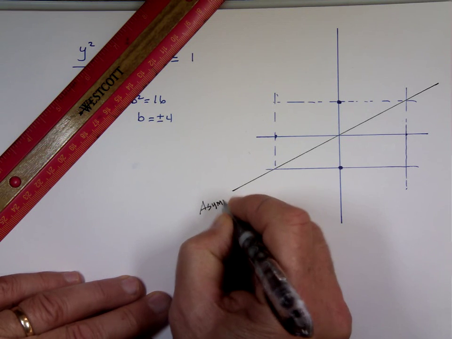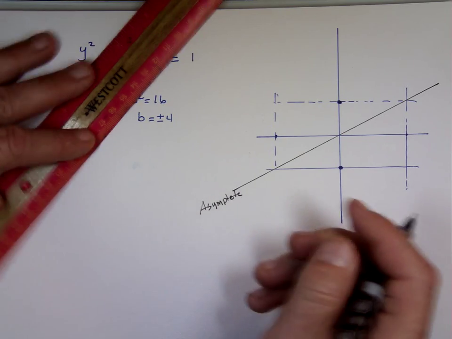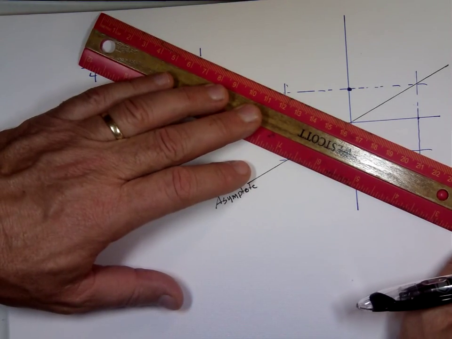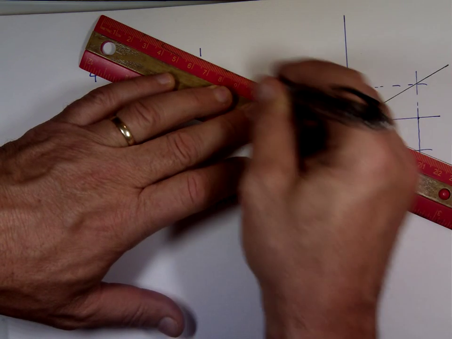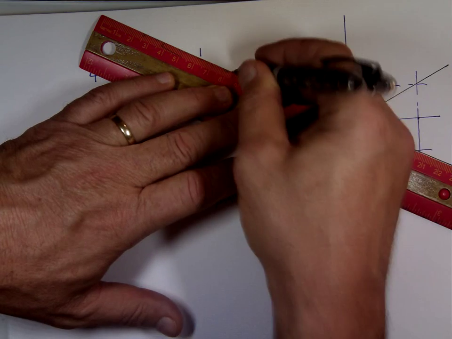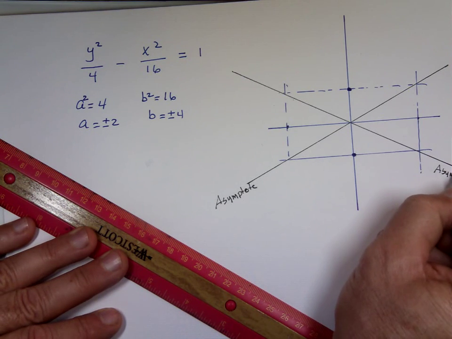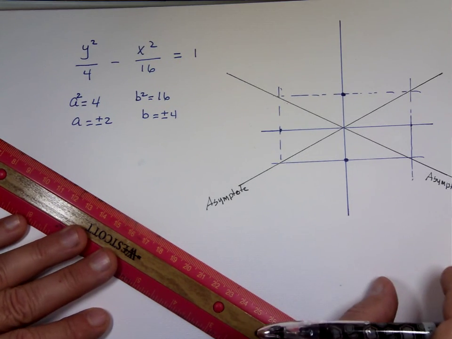This will have a positive slope. And this is my other asymptote. So these are my two asymptotes.